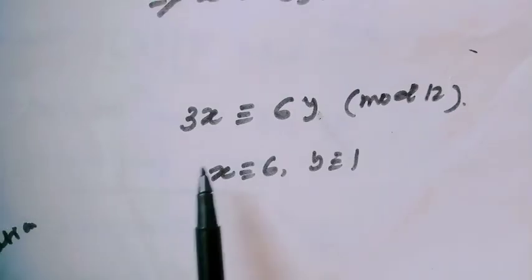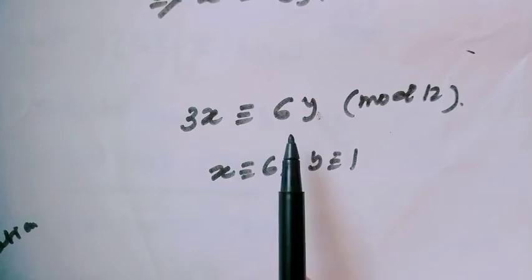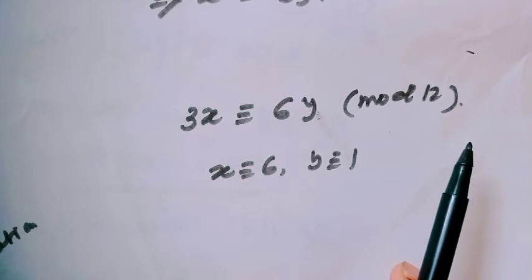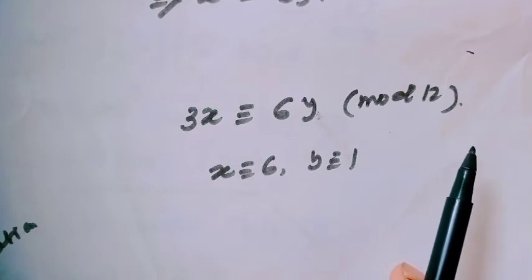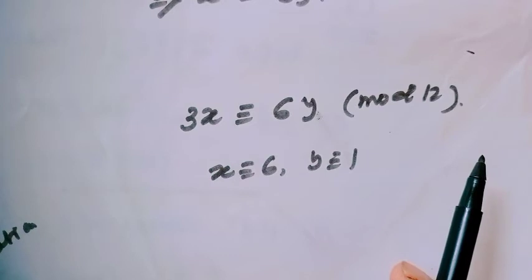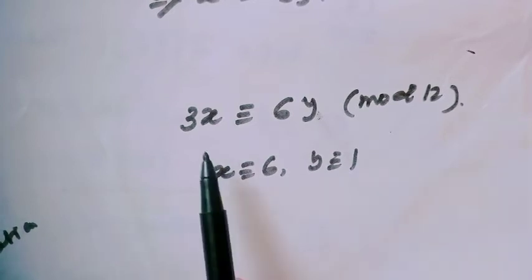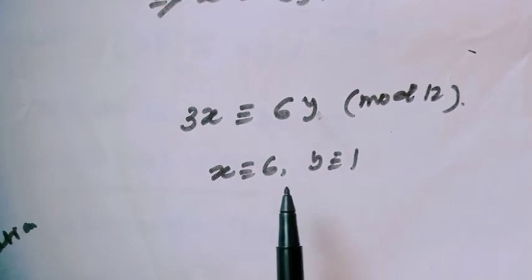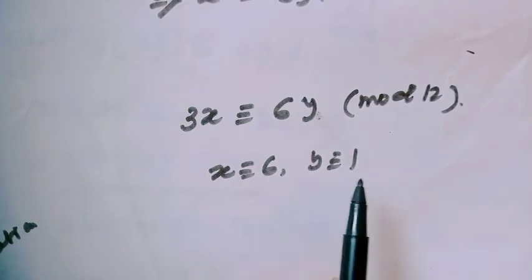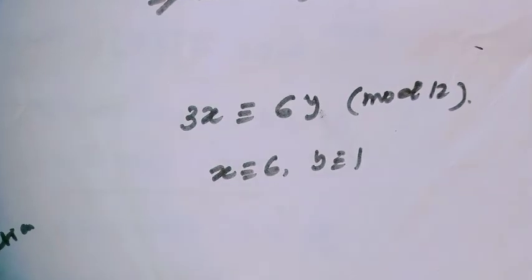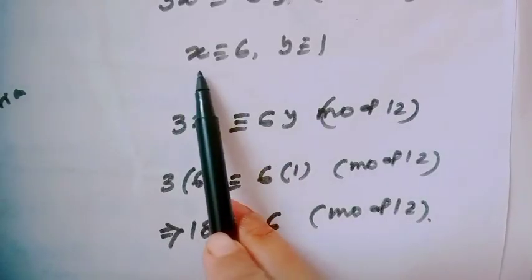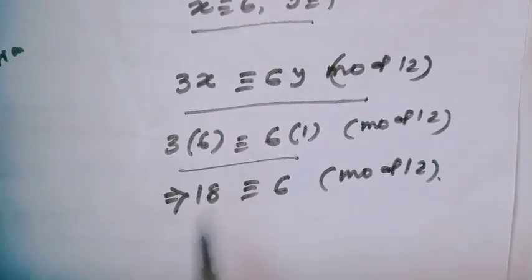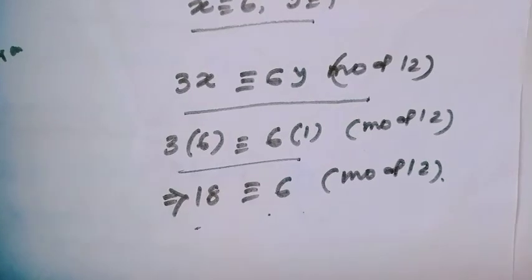No. If we consider this equation 3x ≡ 6y in mod 12, we all know Z12 has zero divisors, so this is not an integral domain, and this equation has multiple solutions. One of these solutions is x ≡ 6 and y ≡ 1 in mod 12. When I put this value in the equation, I get 18 ≡ 6 in mod 12.